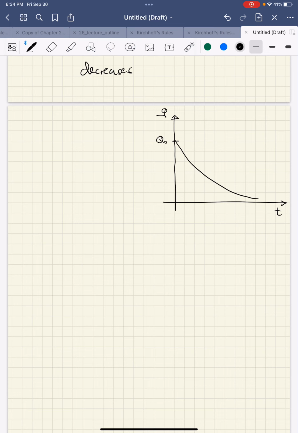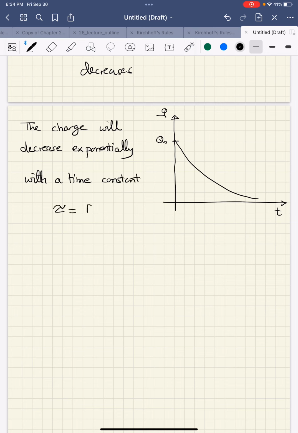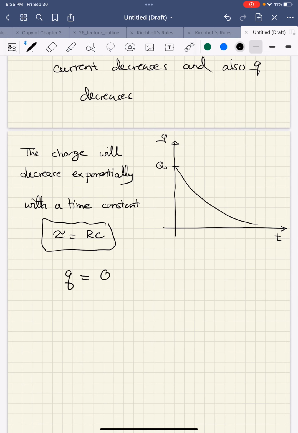The charge will decrease exponentially with a time constant again, tau, that equals R times C. Now Q here is going to be the initial charge times e to the minus t over RC.